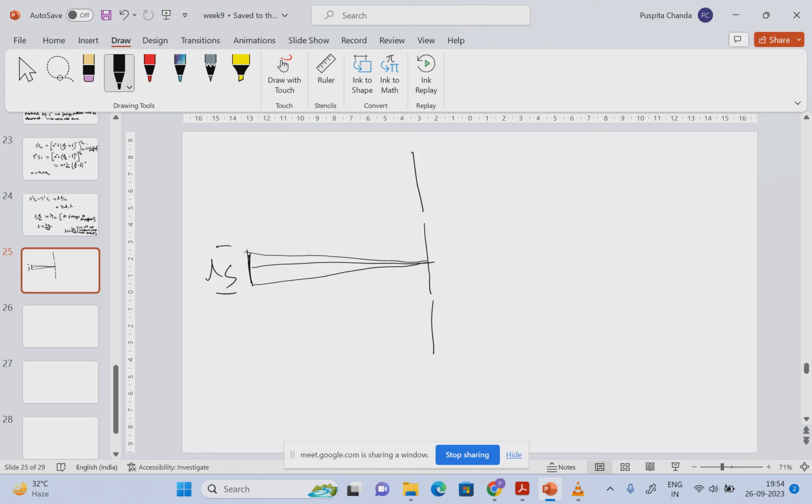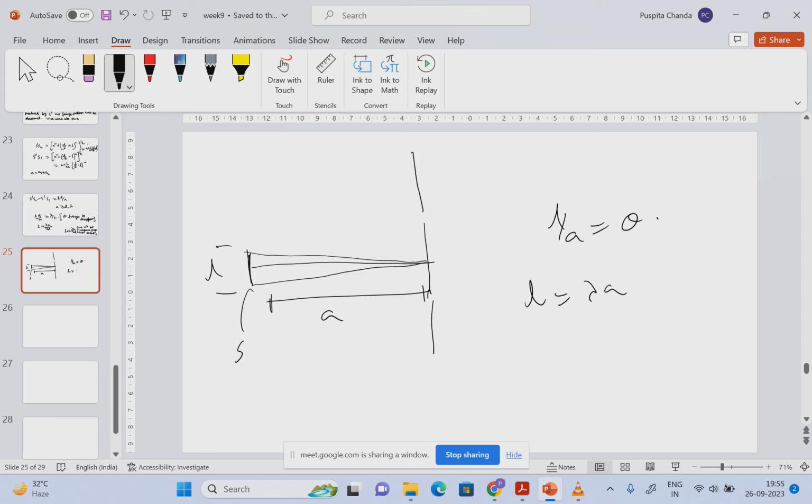So this is L and this is A. We can consider L by A is equal to theta.